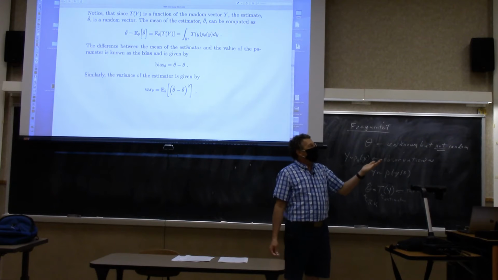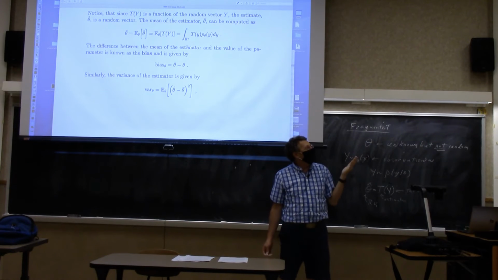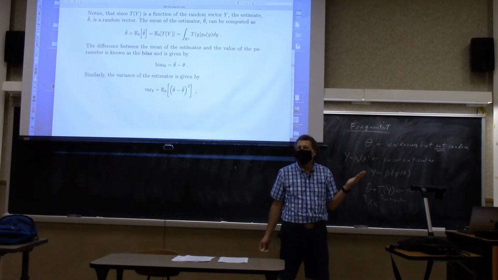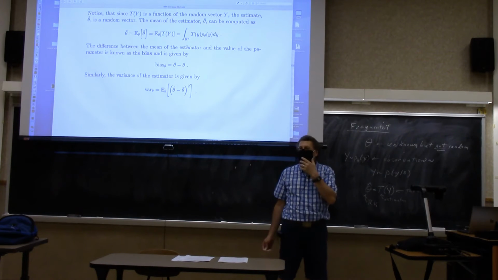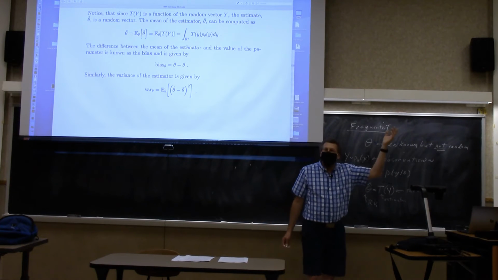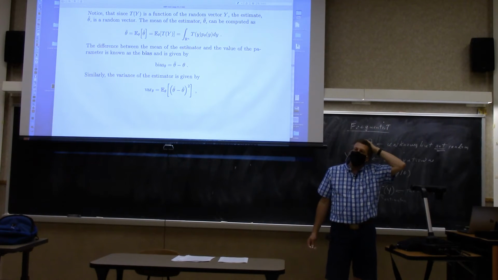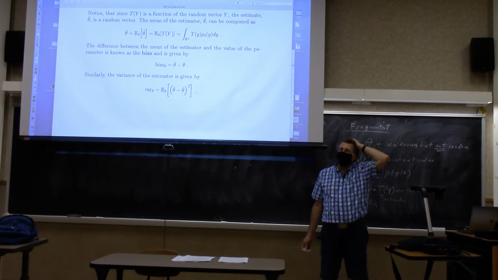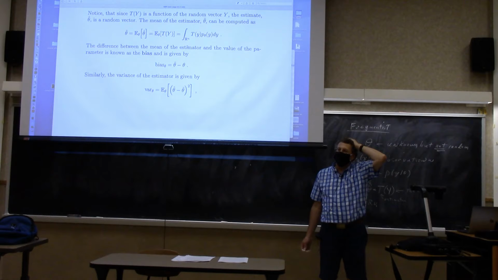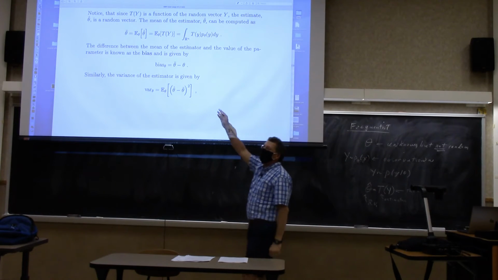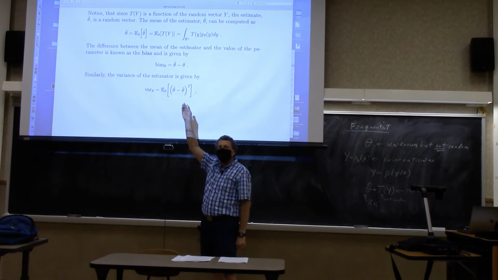Because when is it right? It's right at 1:37 every day. At 1:37 every day, it's right, okay? So its bias at 1:37 is 0, okay? But its bias at 1:38 is 1 minute, or minus 1 minute, right? So the bias is a function of the unknown parameter.